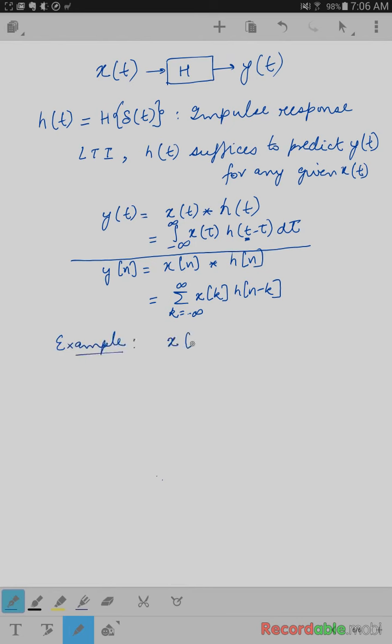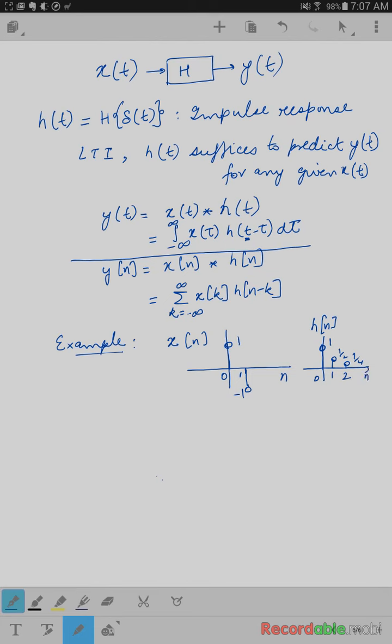Let's say our x of n is 1 at time 0, and at time 1 it's minus 1. And your h of n is 1 at time 0, half at time 1, and 1/4 at time 2.